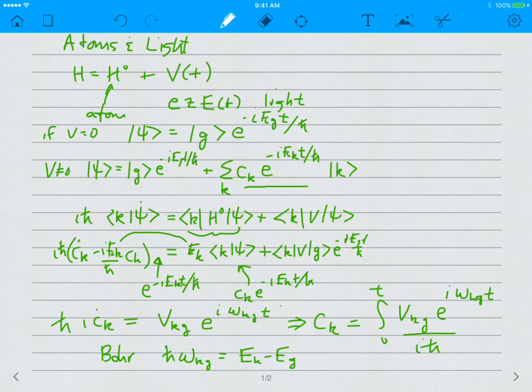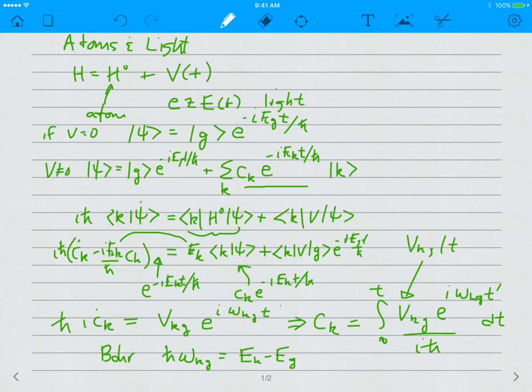All right, so really that is a Fourier transform, because we can assume that what's going to happen in the future doesn't matter. So V_kg of t prime, these should be t primes here, and I need a dt prime.